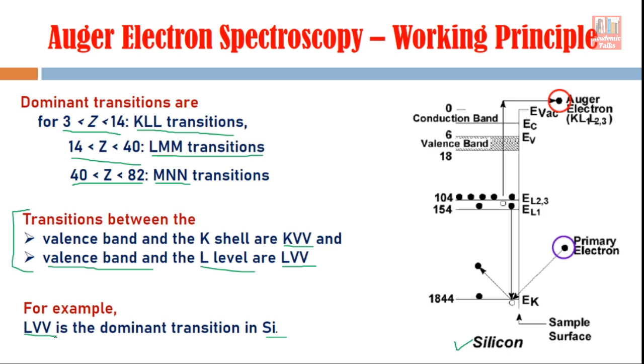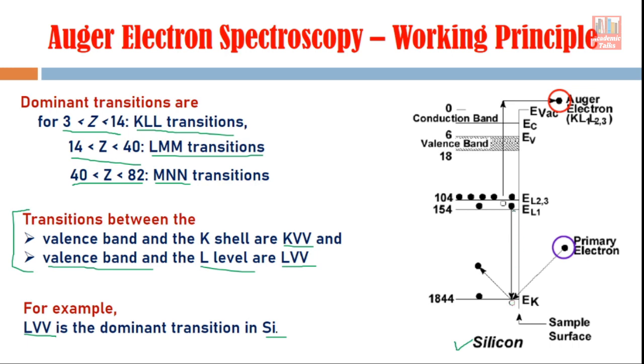So now you understand the transitions which occur in the solid material when it is hit by the high energy primary electron. And you also have seen that at least 3 electrons are involved in this transition. One electron is the electron which has been knocked out from the K shell.